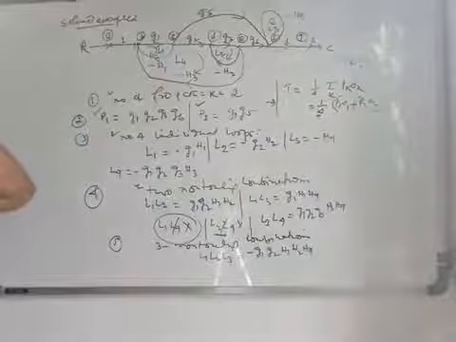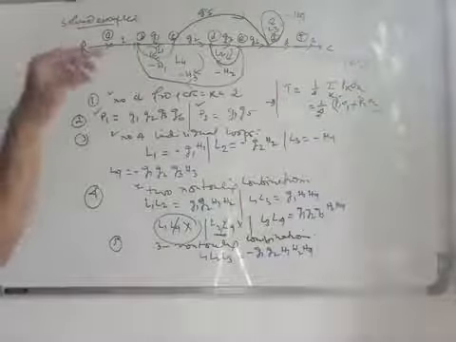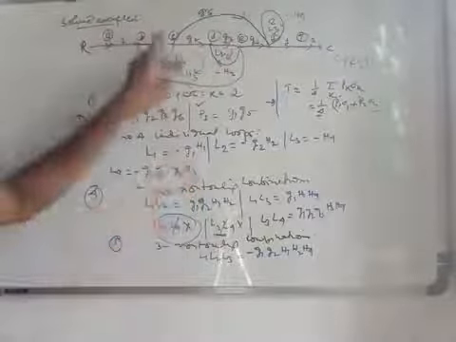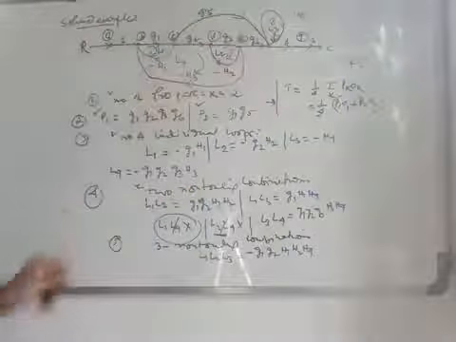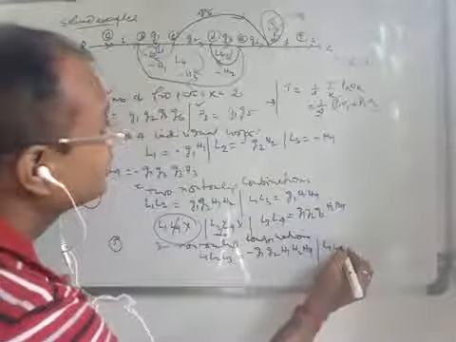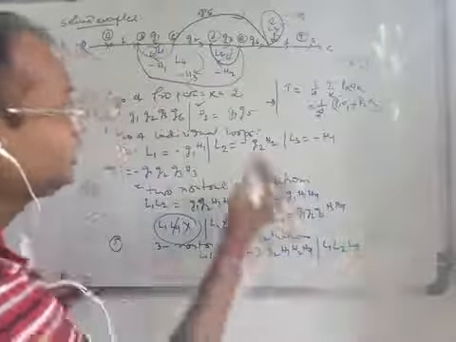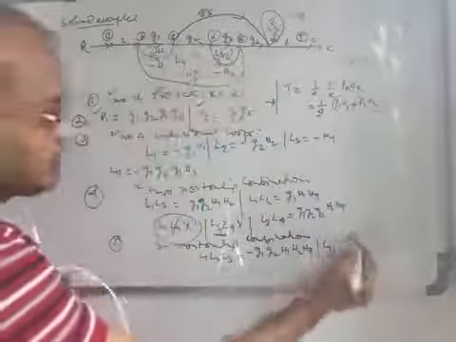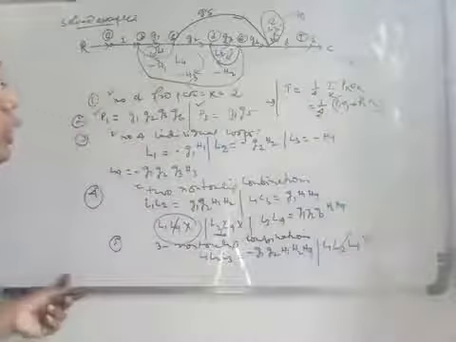And next, what could it be? L1, L2, L3 is possible. L1, L2, L4: they are sharing a common node.